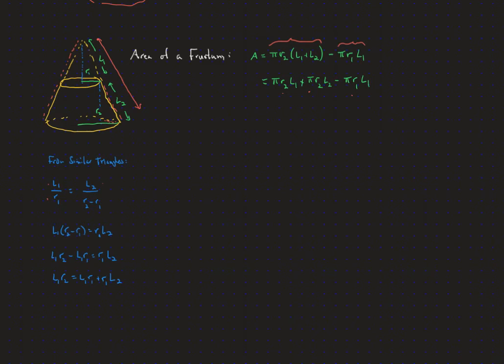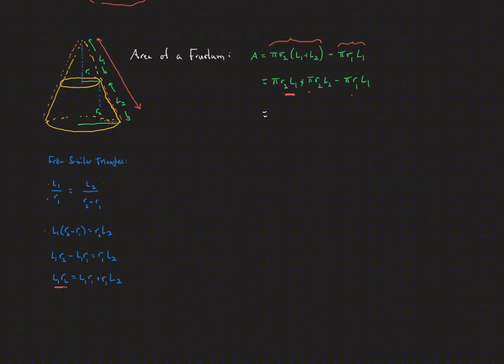Then, once we have that proportion, we can cross multiply, and that gets us L1 times R2 minus R1 is equal to R1 times L2. We can distribute the L1, and then I'm solving this for L1 R2, which we have right here.